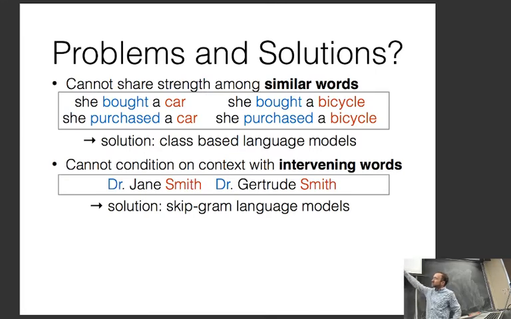But something like Gertrude Smith might not appear in your corpus. And if this is the case, what Ngram language models do is they gradually back off until you get shorter and shorter word sequences, and then you basically lose the context that you were conditioning on previously, and you will not even be able to predict Smith because you've never seen the words Gertrude Smith before. And this is despite the fact that you've seen the doctor, which could be very helpful to you.